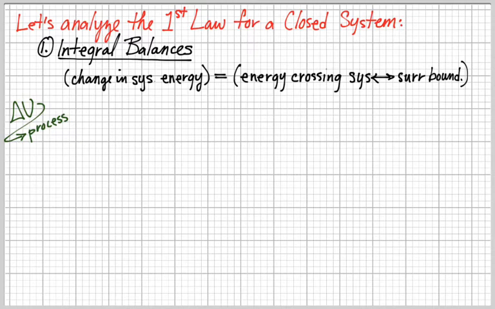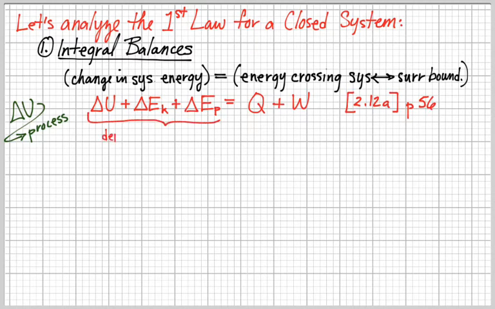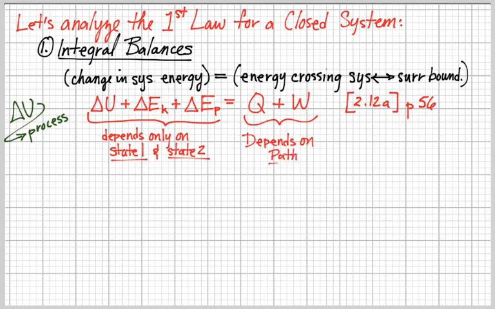So I'm going to have a delta U on the left side of my equation. And in this first offering of the energy balance, the first law balance, we've got the internal energy change as well as the external macroscopic changes from kinetic energy and potential energy. On the right side of the equation, we've got those path functions Q and W. Okay, that's equation 2.12a on page 56.